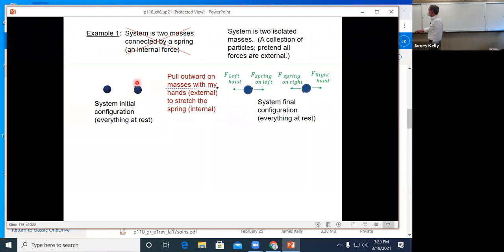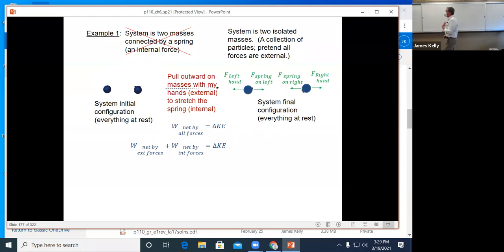So forgetting about the spring as an internal part of the system, if I now just think of my system as looking like this, there are these four forces that are acting. In that case, I can apply the work kinetic energy theorem as long as I include all the forces that are acting on those two sides.